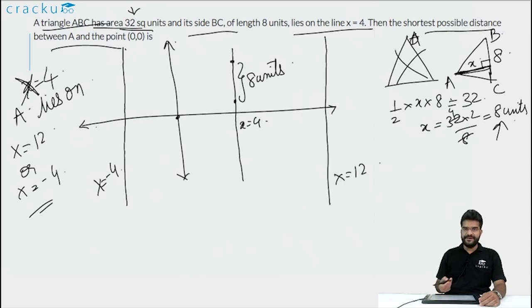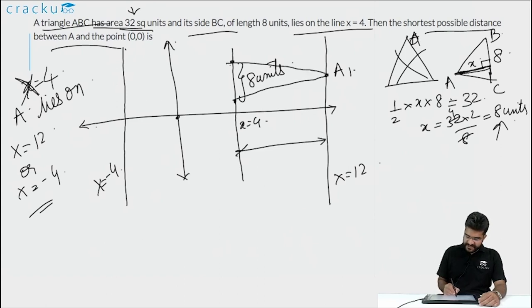Now if you pick any point on any of these lines and join it to BC, the area of the triangle will definitely be 32 units. For example, if you assume that this is point A and you join A to BC, because the height is 8 units and the base length is also 8 units, the area of this triangle will be 32 units.